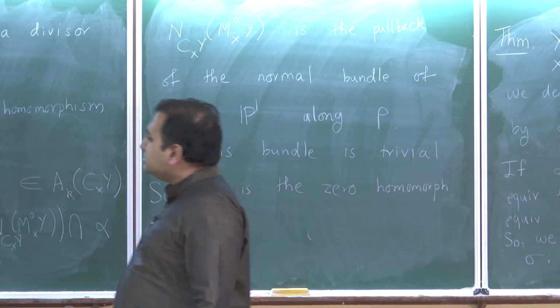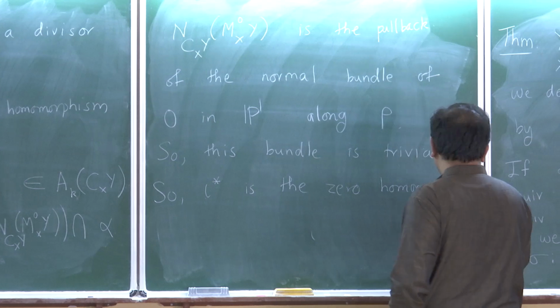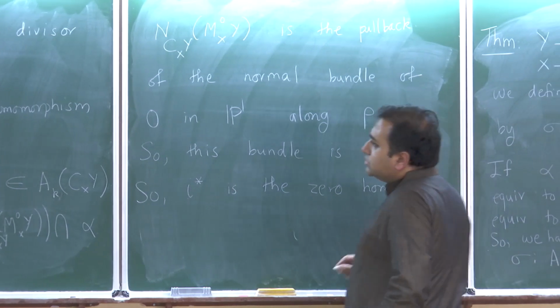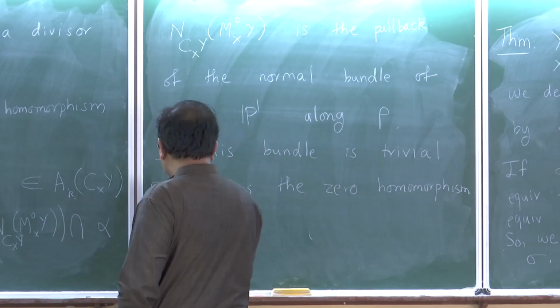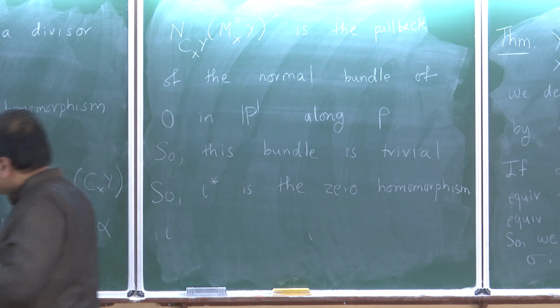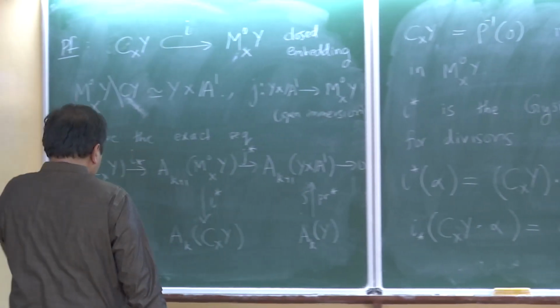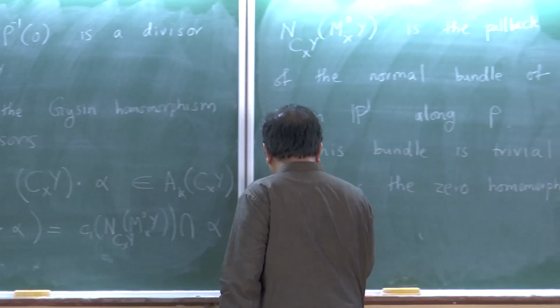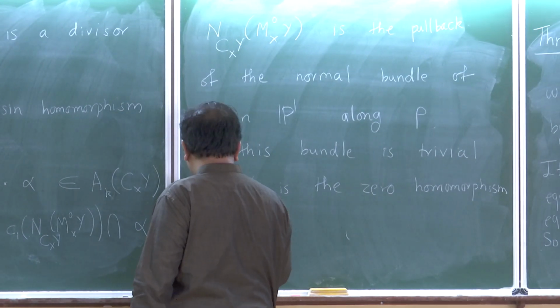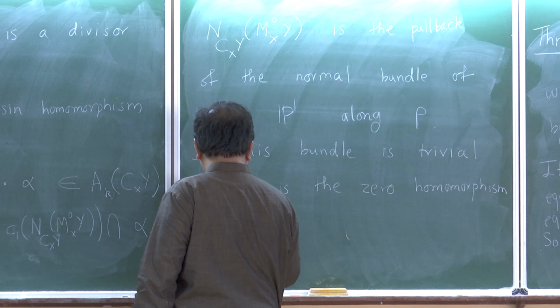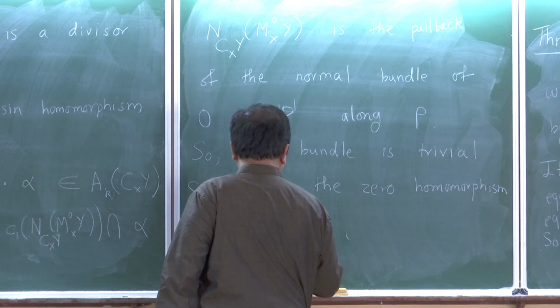Wait a minute, that doesn't seem right, and I'm a little bit worried. So i lower star followed by i upper star is the zero homomorphism.